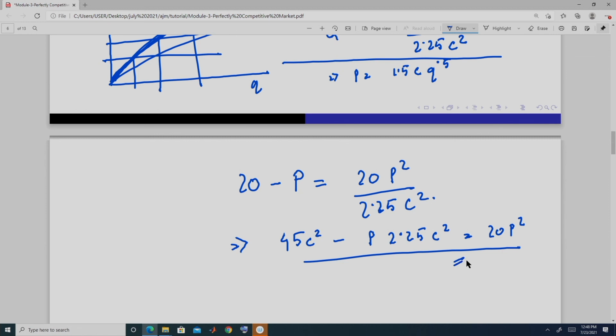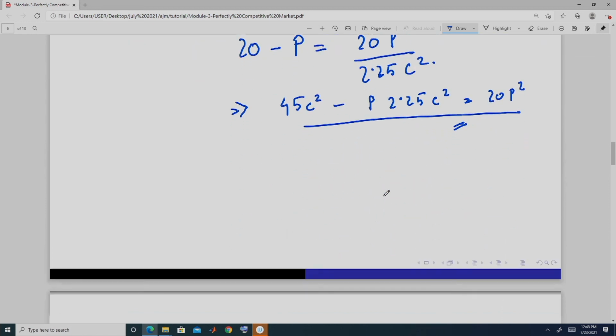We solve this quadratic equation and we will get a price, and that price is going to be the market equilibrium price. So, this is going to be this one.